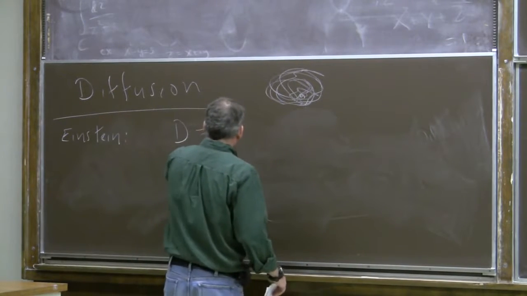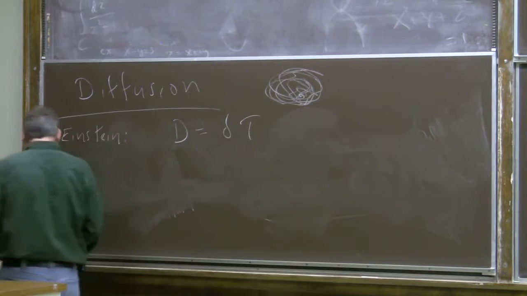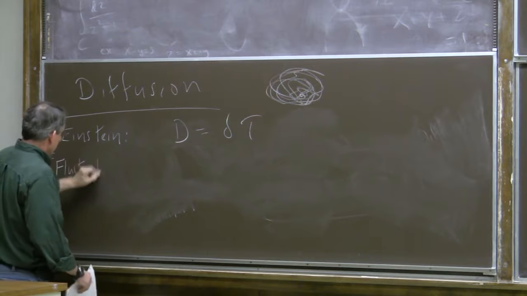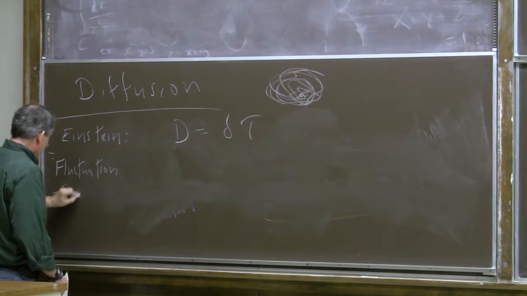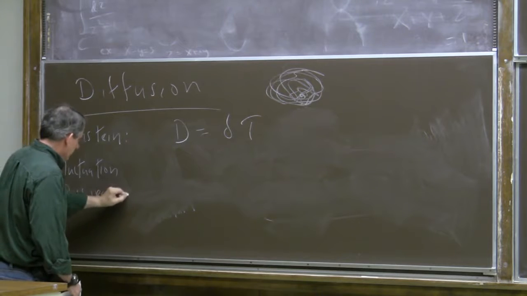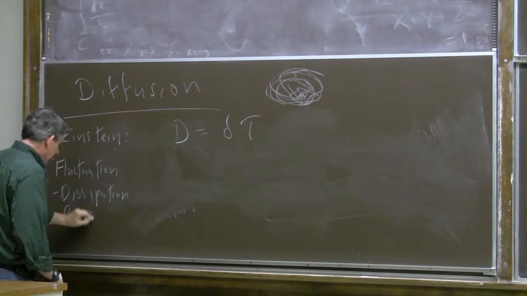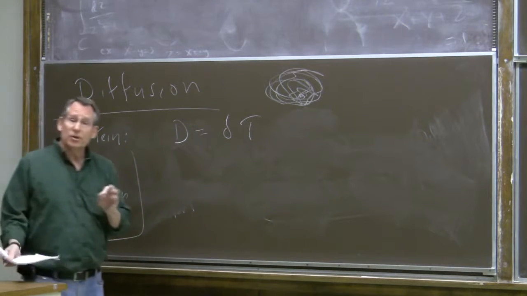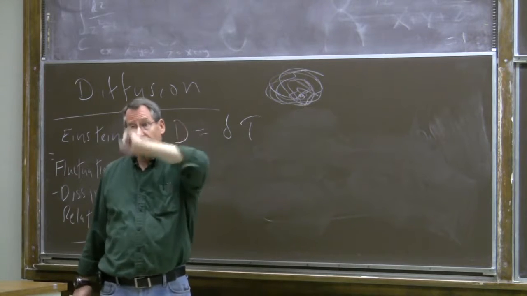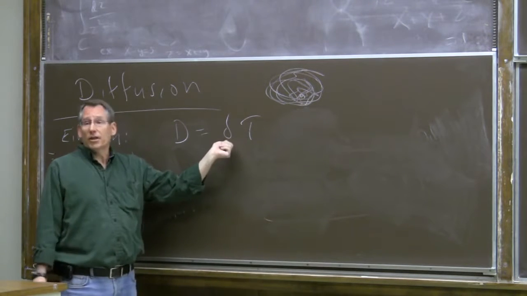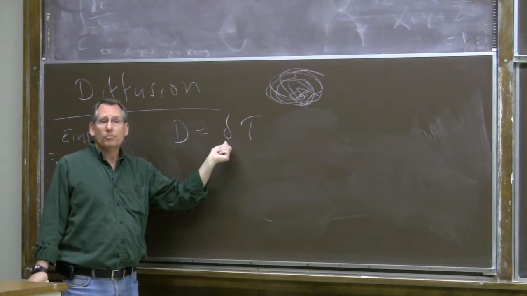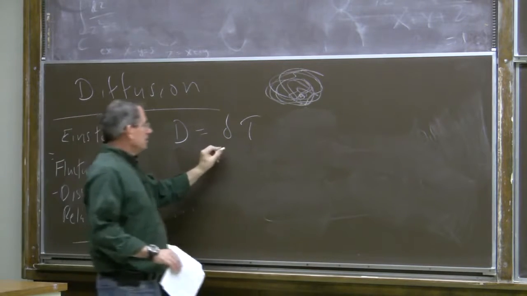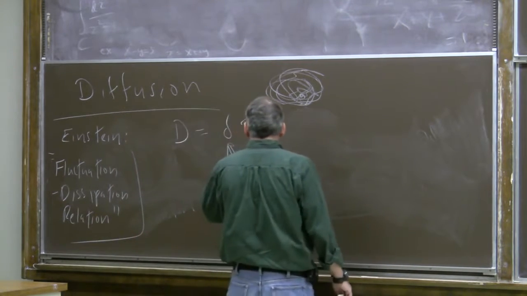Diffusion constant equals mobility times temperature. An indication that there's some connection between these two things. Mobility has to do with dissipation, the resistance to flow for the particle going through the fluid. Actually, the reciprocal of the mobility is a measure of dissipation. High mobility means low dissipation. So this is a measure of dissipation.